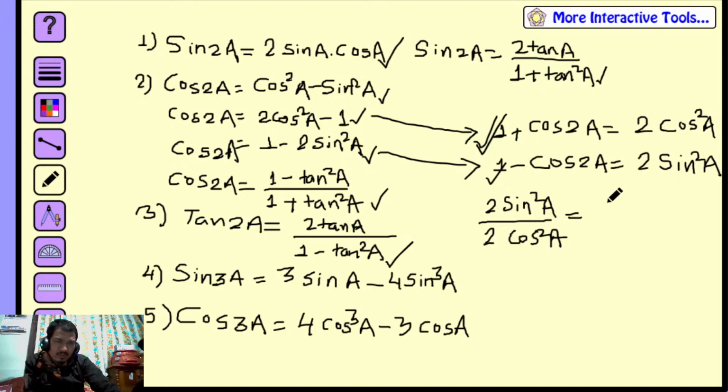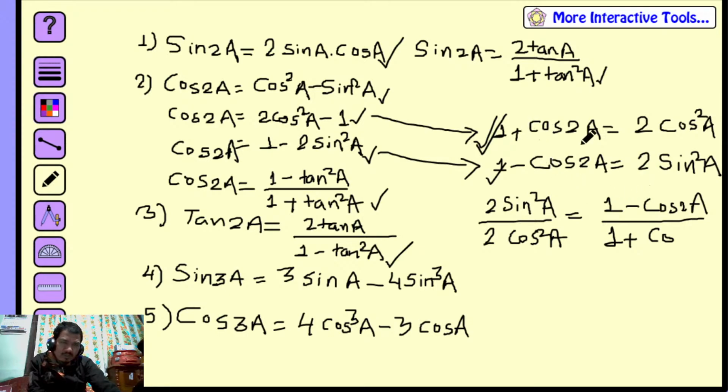Of course 1 minus cos 2a will be up, and down there will be 1 plus cos 2a. The 2 cancels, and sine square a by cos square a gives tan square a.